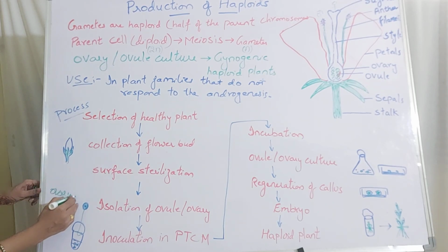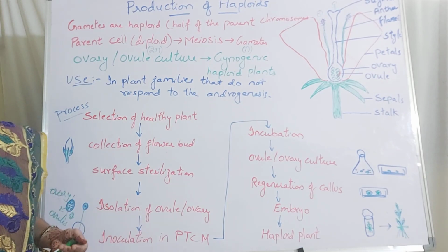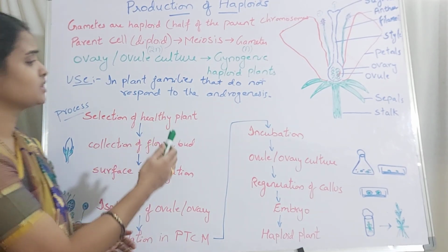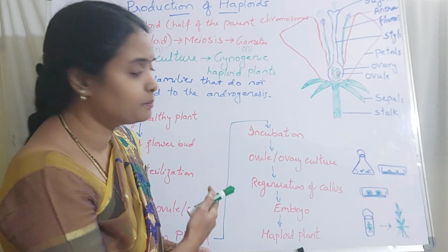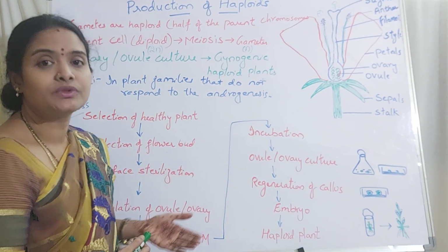In this case you are going to tear open or cut open the ovary and collect those small ovules, and only the ovules are inoculated. After inoculation of these ovules or the ovary into plant tissue culture, you are going to incubate it with the required temperature, time, pH, all the environmental conditions along with the nutrients.